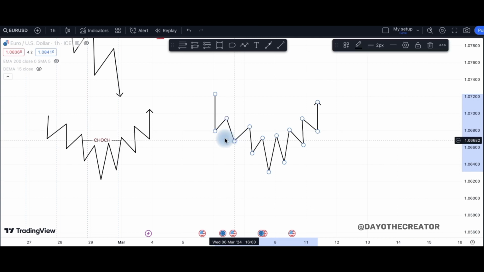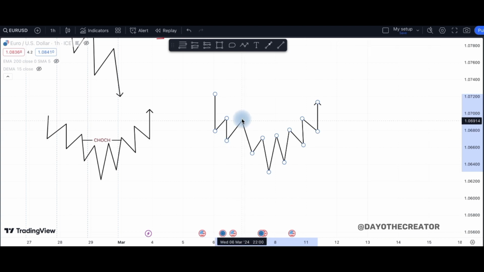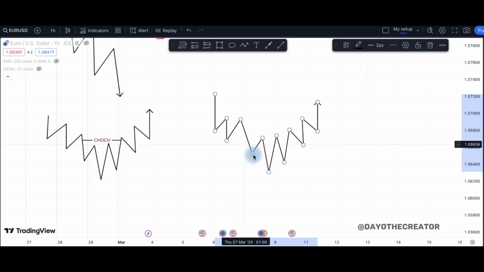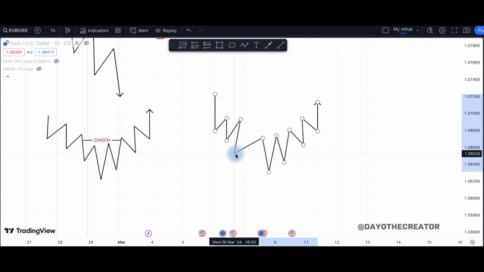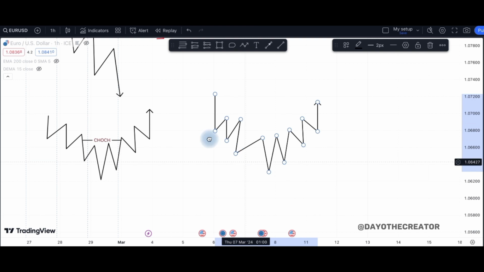I told you that in as much as I said that the market moves in swing high and swing low, this is not the exact illustrated version. This is not the exact way the market moves. The market moves in internal structures.